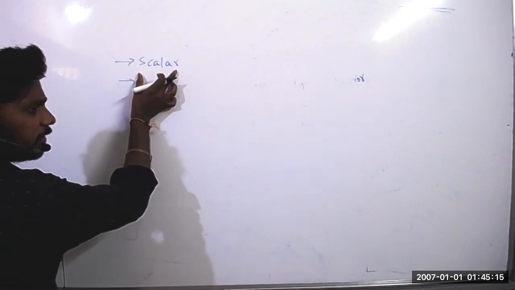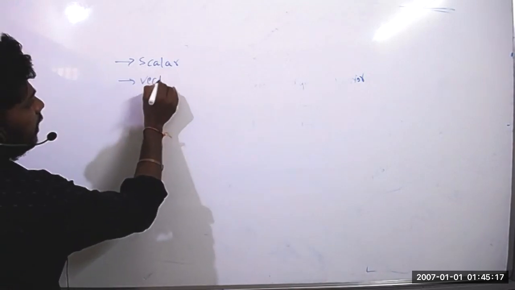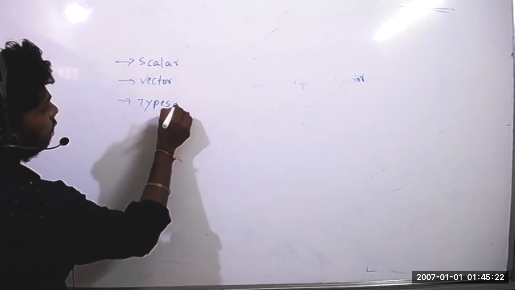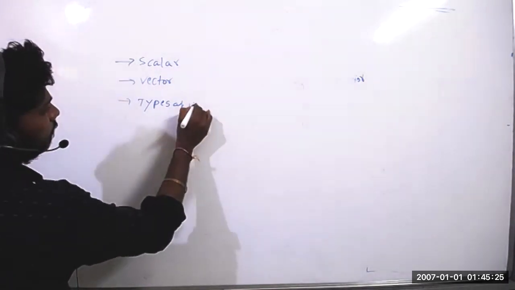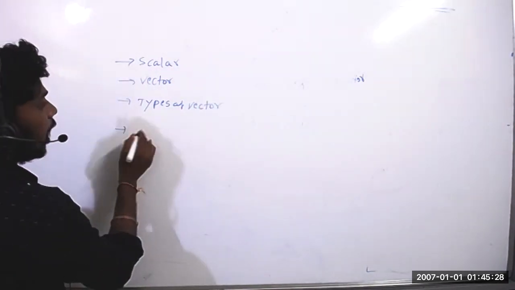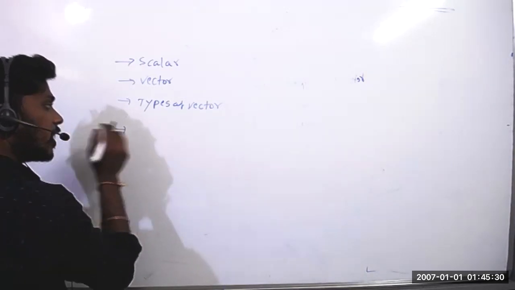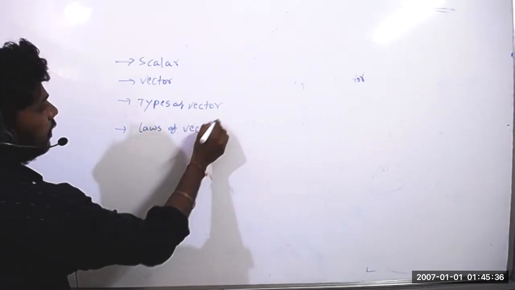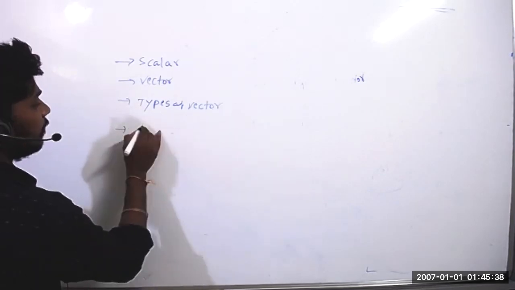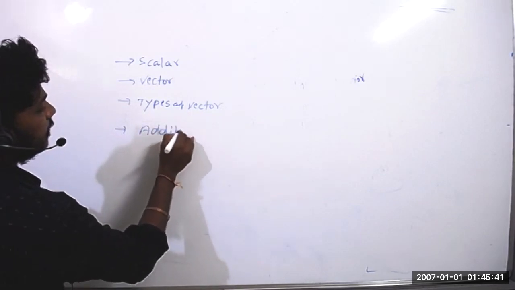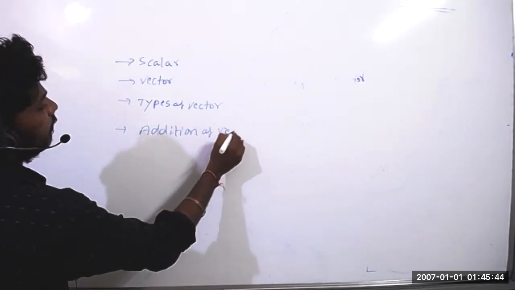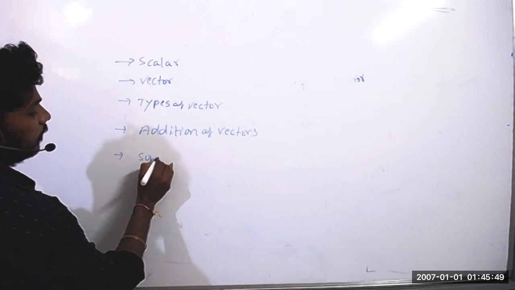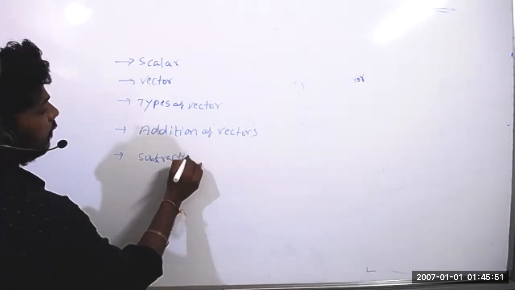We discussed scalar, right? Yes, sir. We know about vectors, right? Types of vectors we know, right? After that, how to add vectors: addition of vectors and subtraction of vectors.